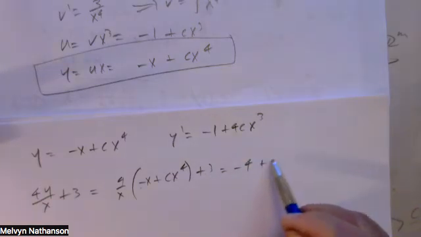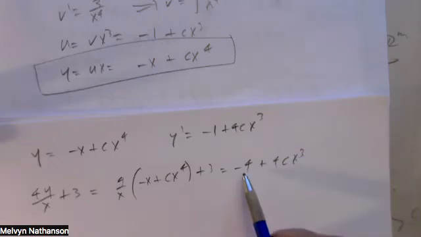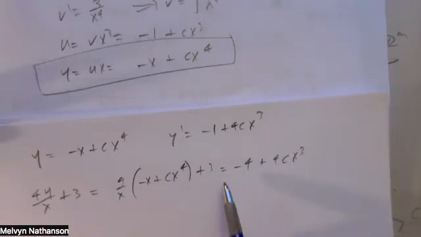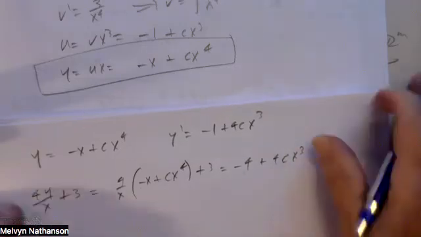This is minus 4 plus 4cx cubed. So I just have this constant wrong. Why is that the case? I have to go back and check.